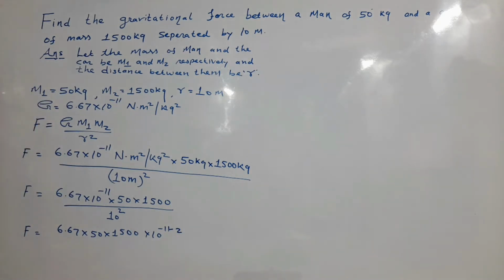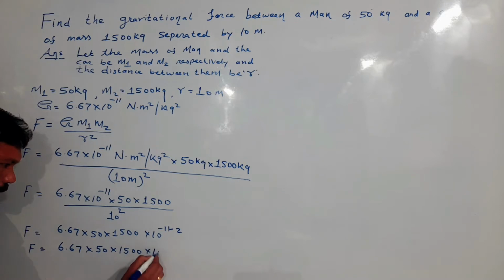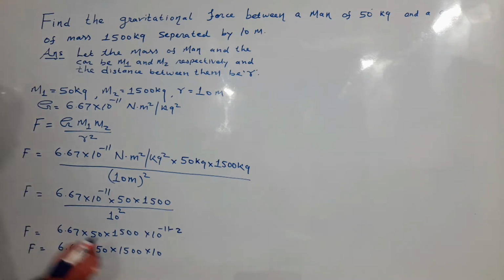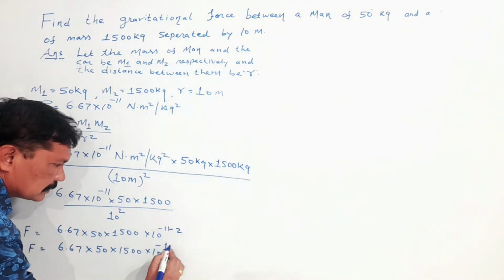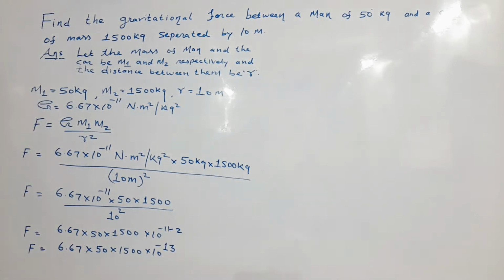So my dear student, here we get F is equal to 6.67 into 50 into 1500 into 10 to the power, minus and minus plus, sign will be minus, 11 plus 2, 13. So we'll get minus 13.